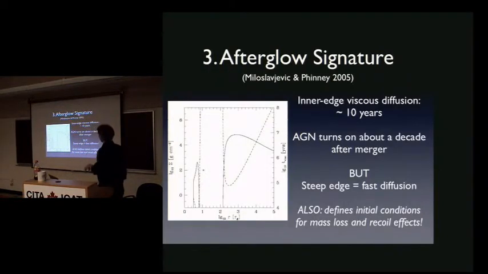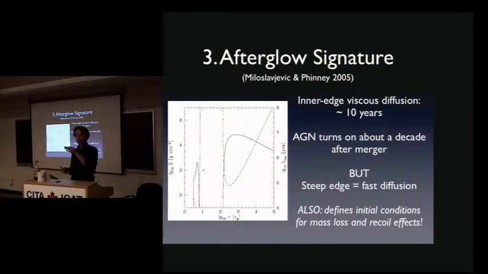What I want to tell you a little bit more about is the afterglow signature. If you go back to my previous two slides, I really focused just on that inner tidal interaction. Then the two black holes coalesce, and I'm left with this circumbinary disk that I told you was viscously frozen around this recently merged black hole.